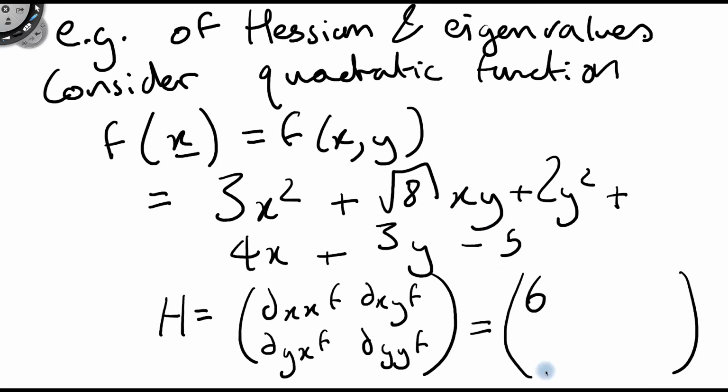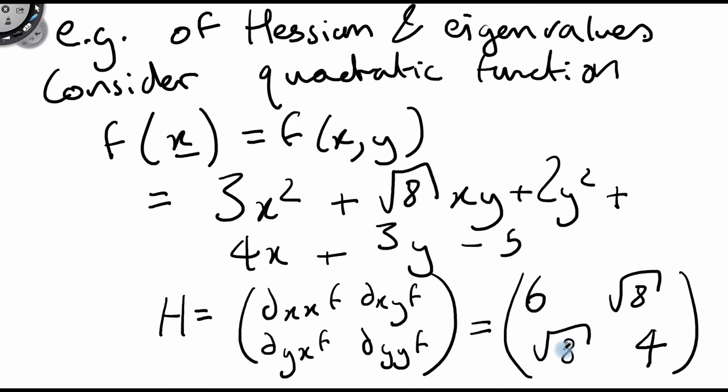The second derivative with respect to y equally is only due to the y squared term, so that gives us 4. And the cross derivative is only due to the xy term, so that's just going to give you root 8. And lo and behold, we've got the Hessian.